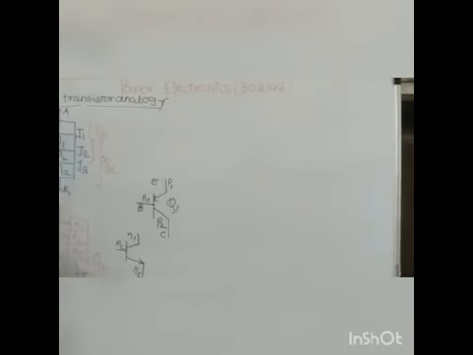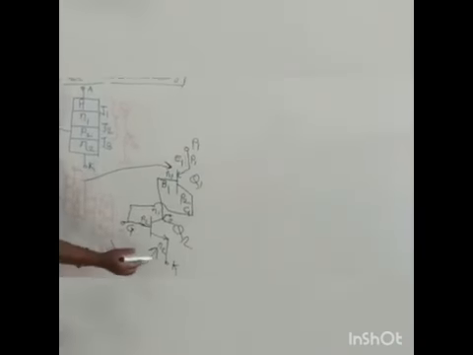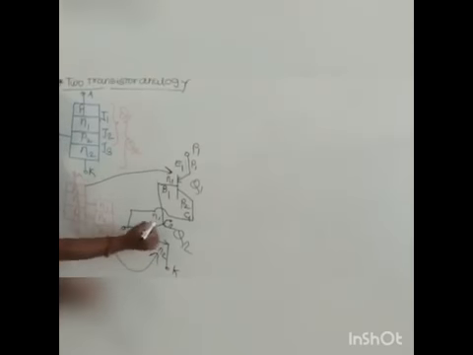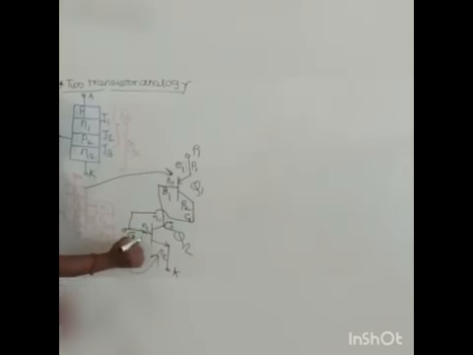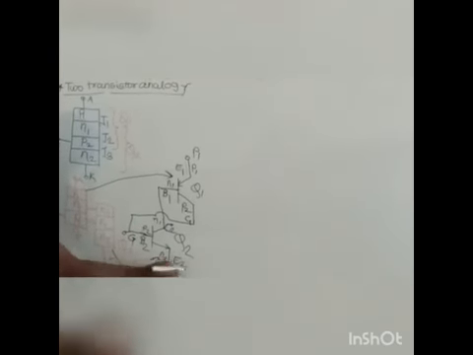N2 is connected to cathode, hence I will connect this terminal to cathode. Name it as collector 2, base 2, then emitter 2.